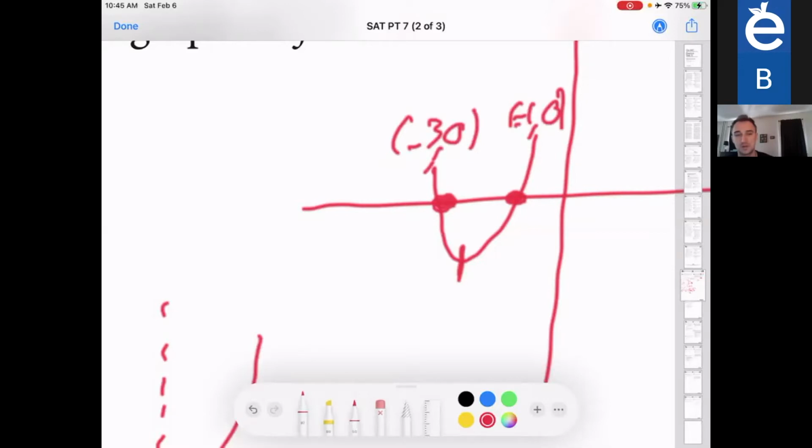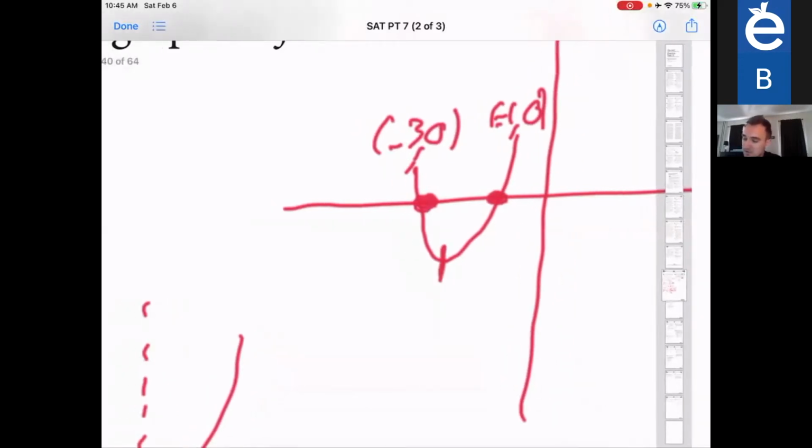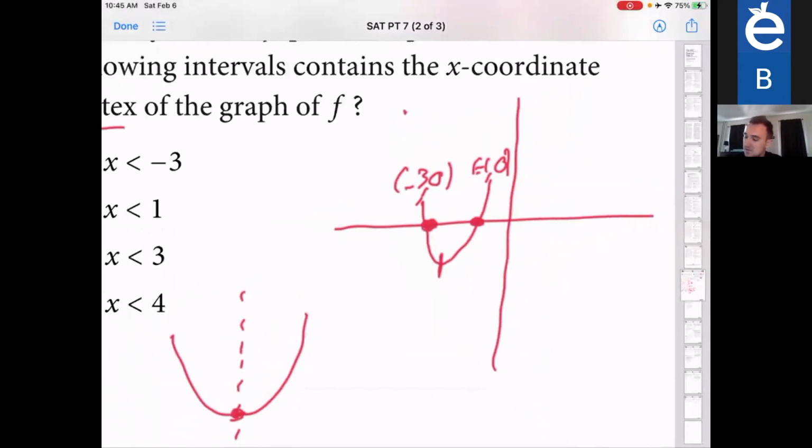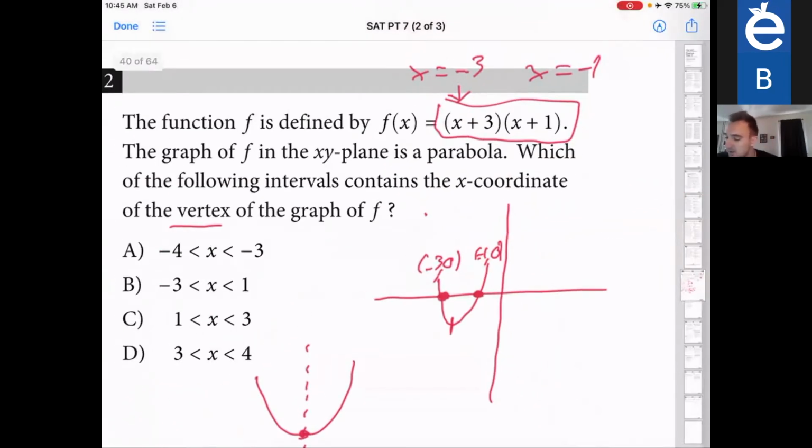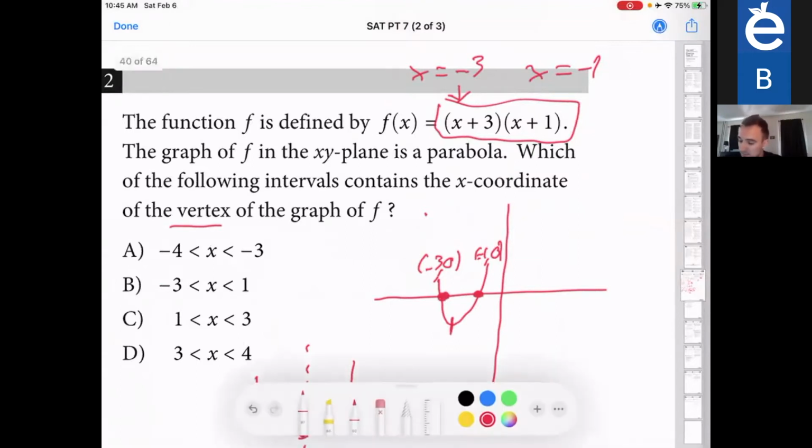Those two coordinates, right? The question says, which of the following intervals contains the x-coordinate of the vertex of the graph? We don't need the actual full coordinate. We don't need the y value too, just the x-coordinate. So it must be between -3 and -1.